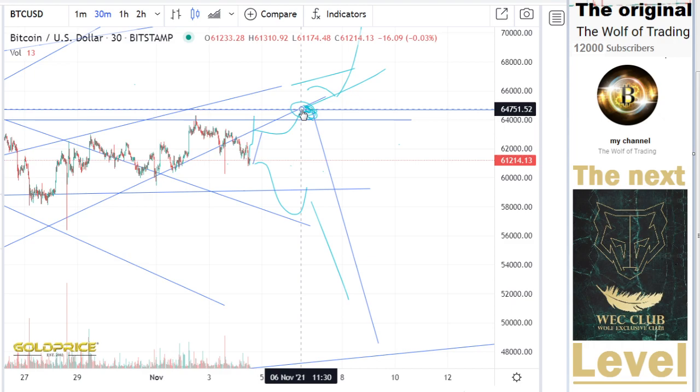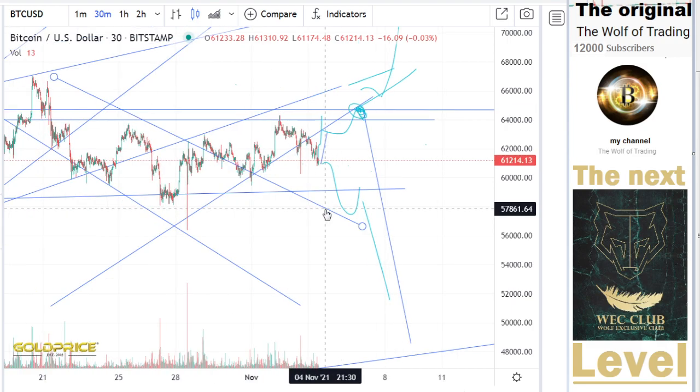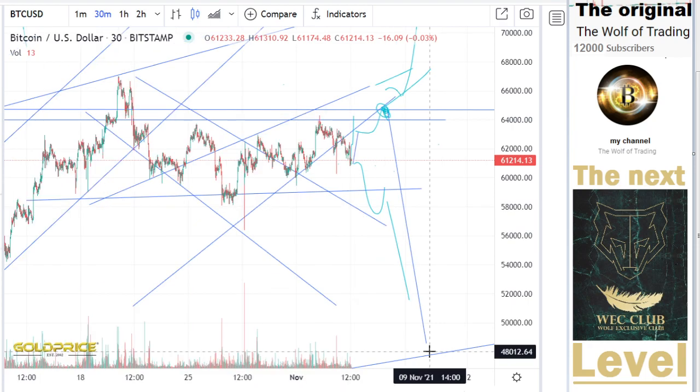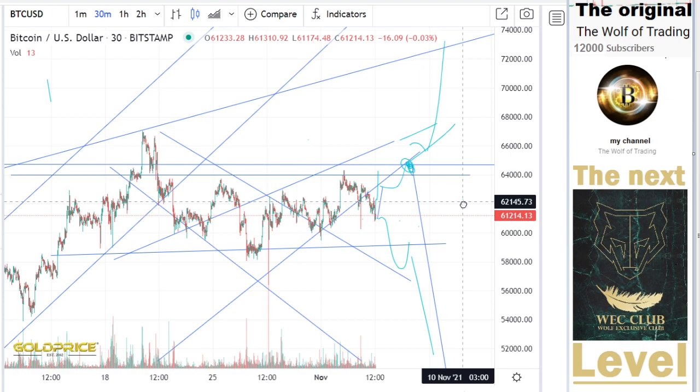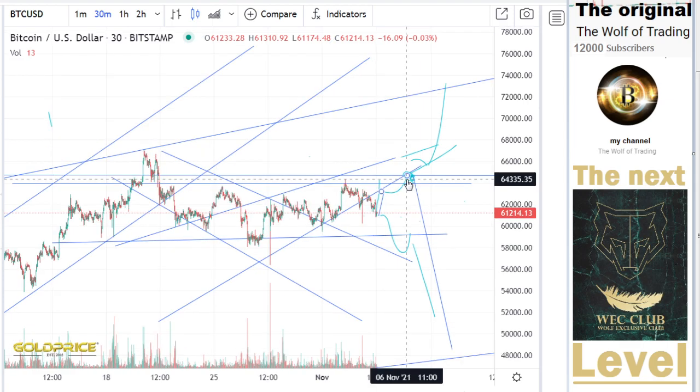But I say to you clearly, if the whales switch this to the downside, then we will see something like that, and the next target is 48,000. But if everything comes through and the price goes to 64,000, then the next move is 72,000. So we have these two pieces of information.